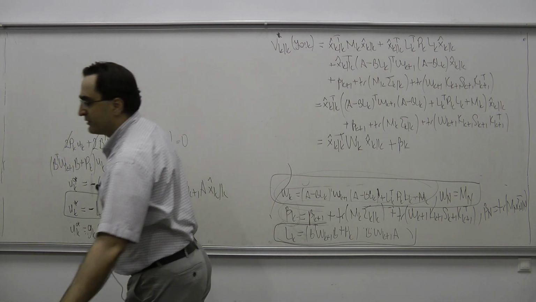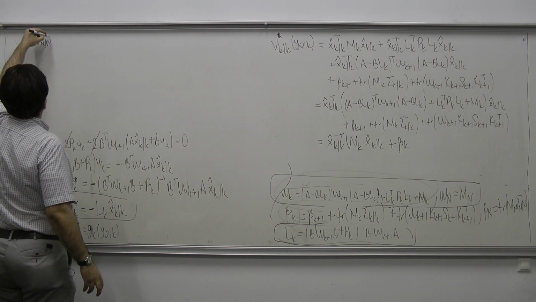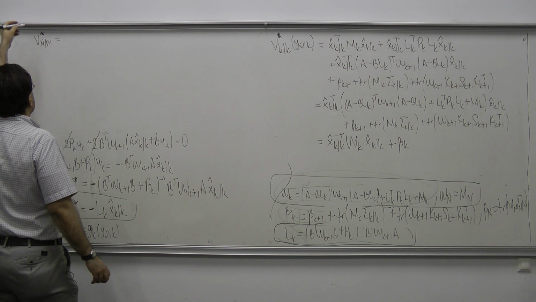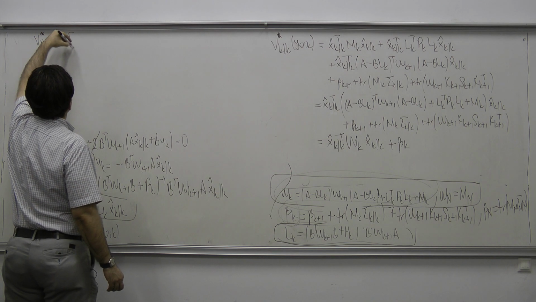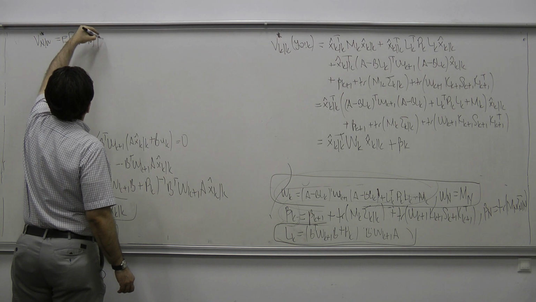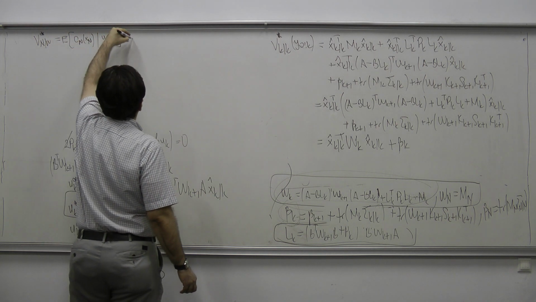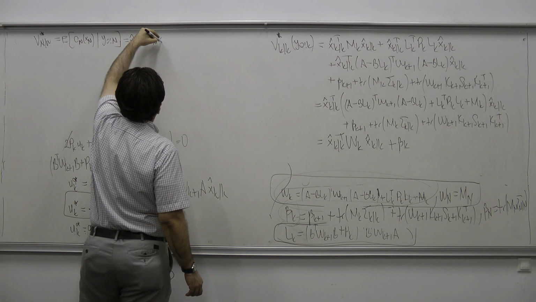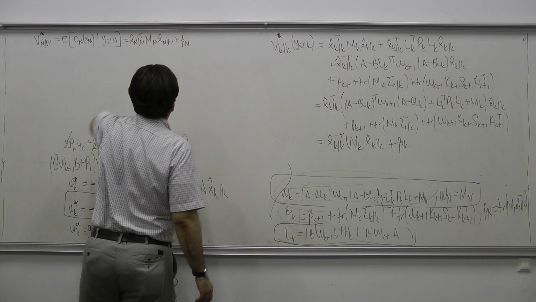So I started with Vn given n star, and we started this with an expectation of Cn of xn given y0n, and this turned out to be x at n given n transpose Mn x at n given n, plus beta n.